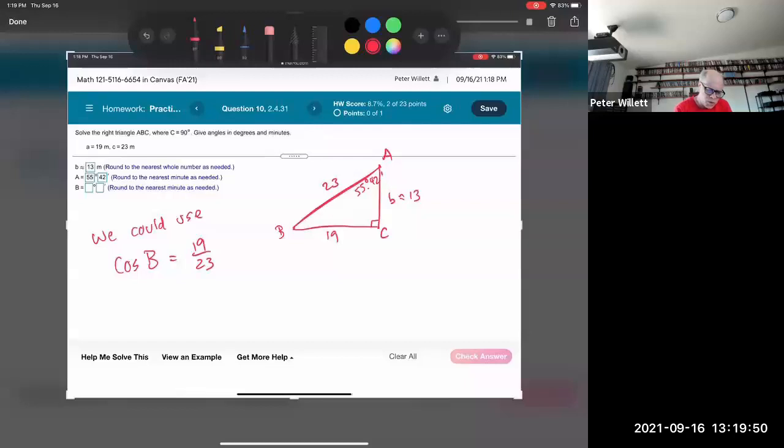But we could also use the angle and recognize that 90 degrees minus 55 degrees and 42 minutes should give us angle B approximated already to the nearest minute. Questions about those two different approaches to get the final angle here?